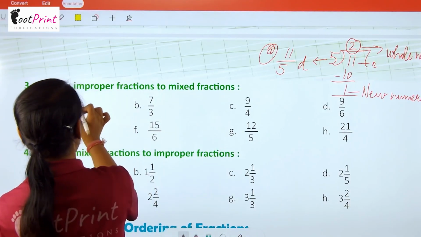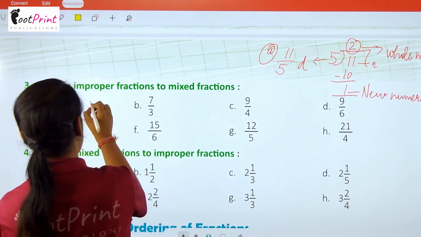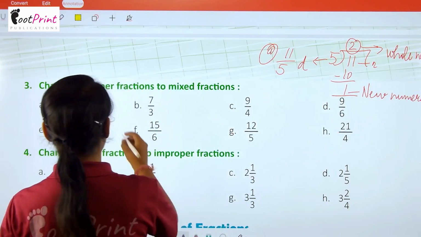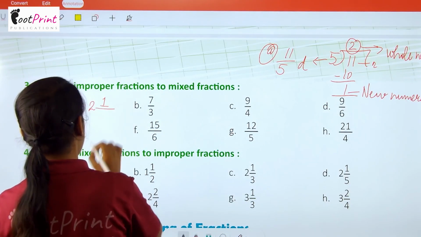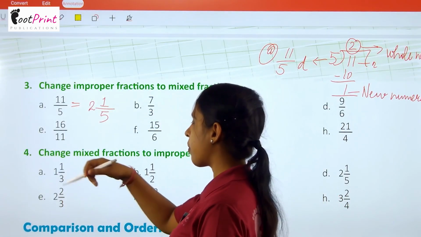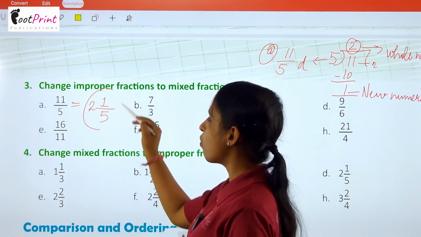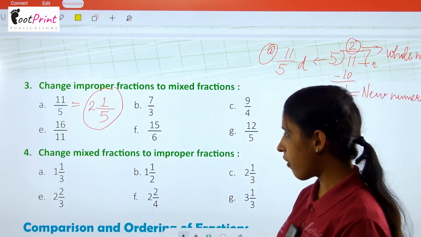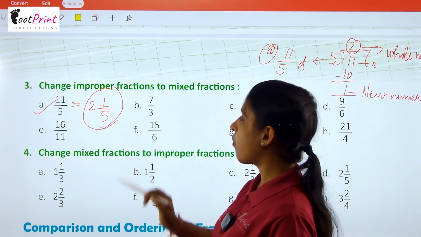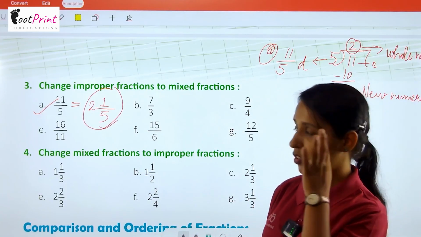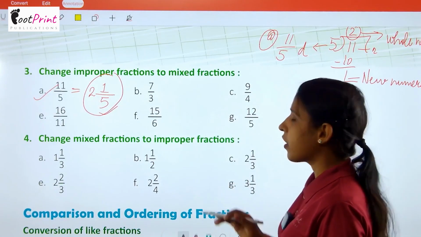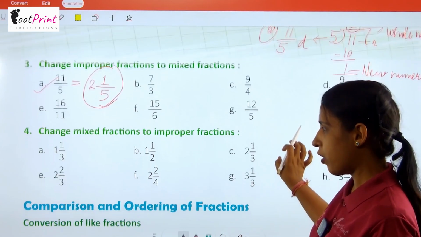In that way 2 is a whole, 2 whole, our new numerator is 1 upon, and denominator will be same. So we can write 11 by 5 equals 2 whole 1 by 5. So it is in the form of mixed fraction. Okay. So just like that, rest of the part you will do by yourself.